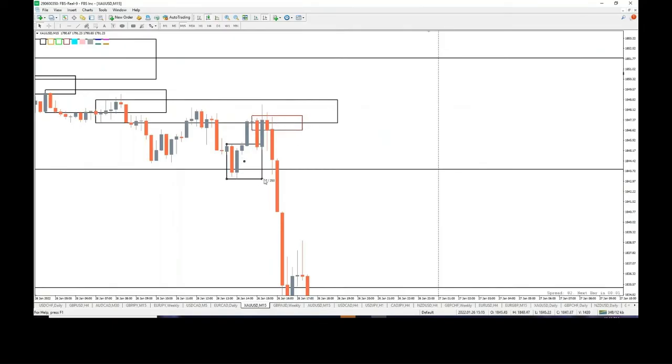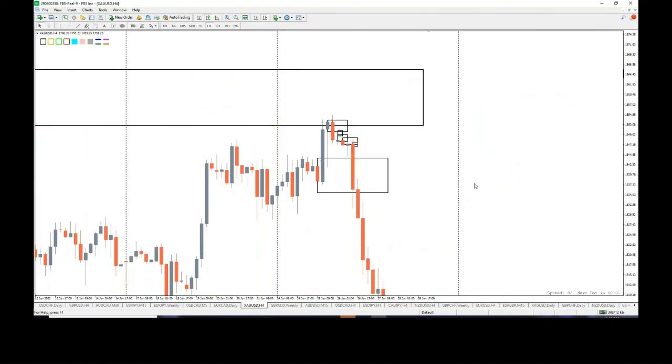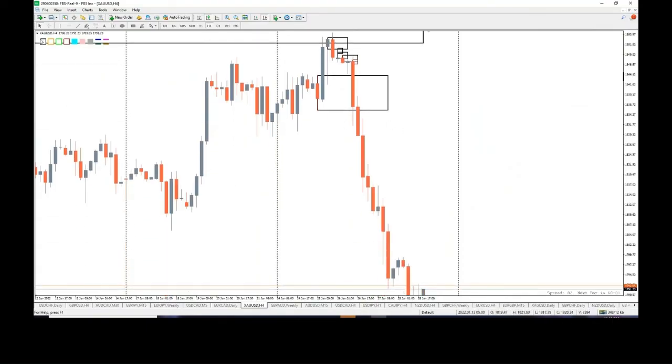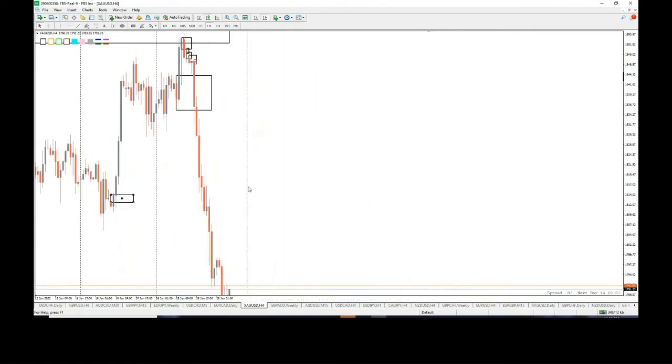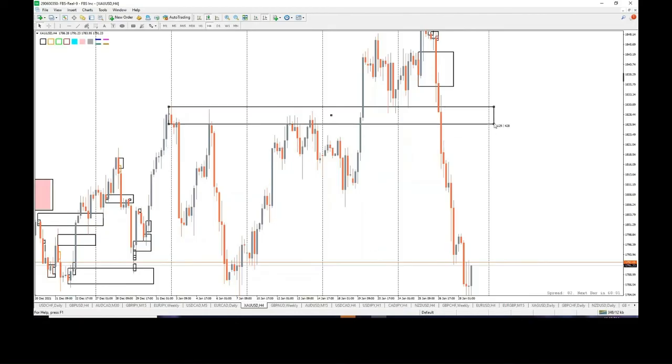So if you entry here, you have to TP your buy here because there's a confirmation for sell. So you have to sell until the next H4 zone. This is your next H4 zone, right?